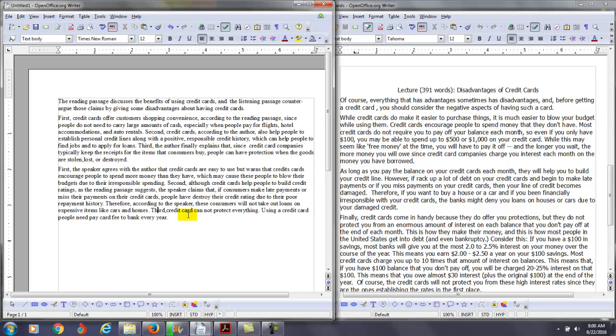Okay, let's go to the last one. So the main thing is you are organizing your essay correctly. So you're putting the main points to the reading passage here, the main points to the lecture over here.